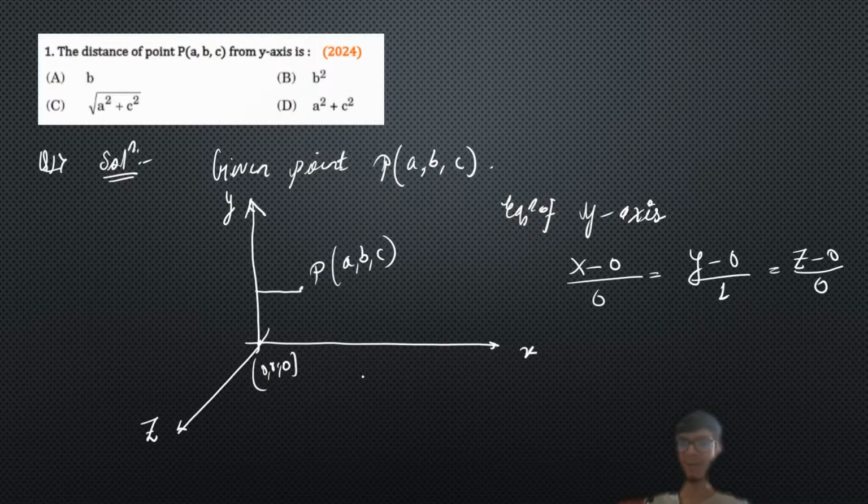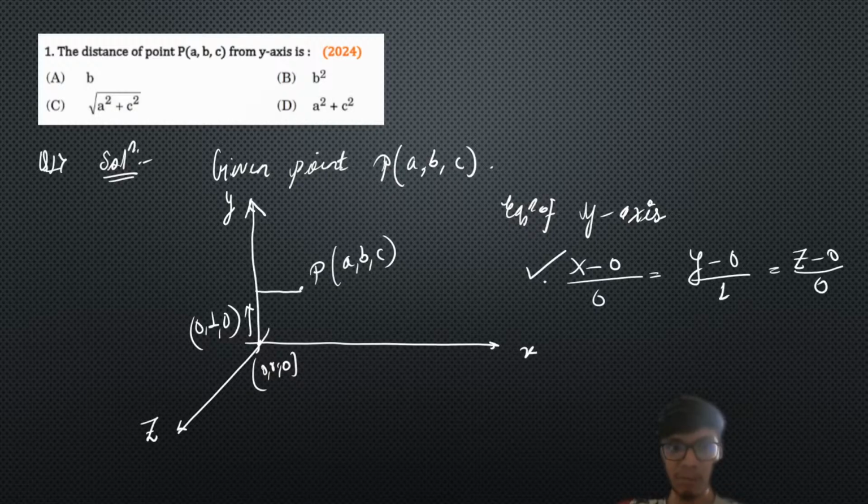Now you must be wondering how the denominator can be equal to 0. It is not like the denominator is equal to 0, it's just the direction ratios. So direction ratios along the y-axis can be given simply as 0, 1, 0. As simple as that. Therefore the equation of the y-axis can be simply written this way.